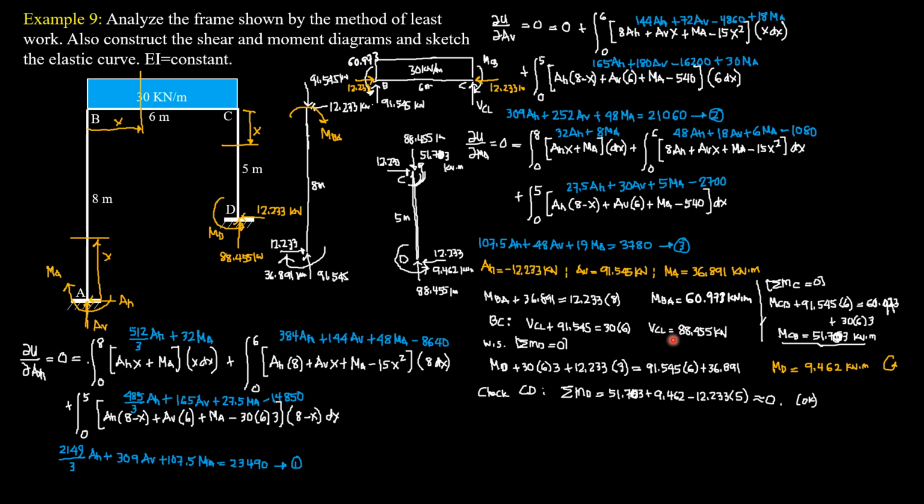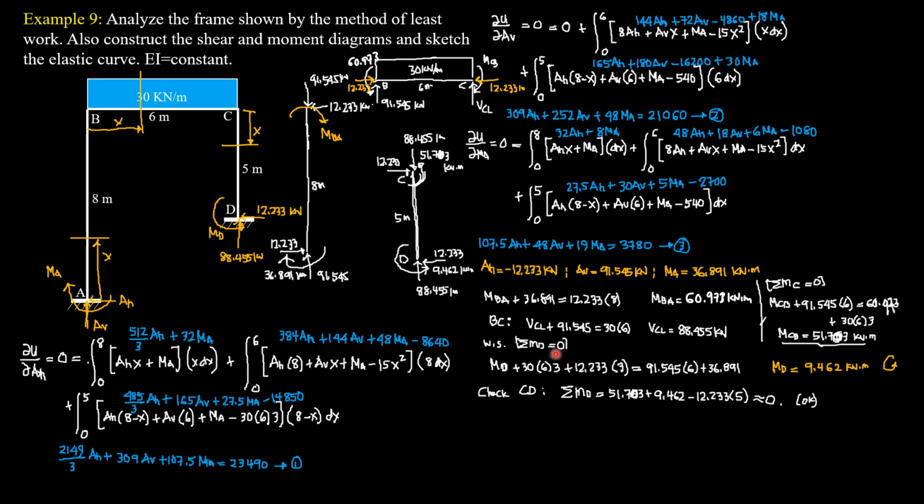So shear just to the left of C is 88.455 kilonewtons. And that's also the expected vertical reaction at D because there's no other vertical load. So 88.455 kilonewtons.